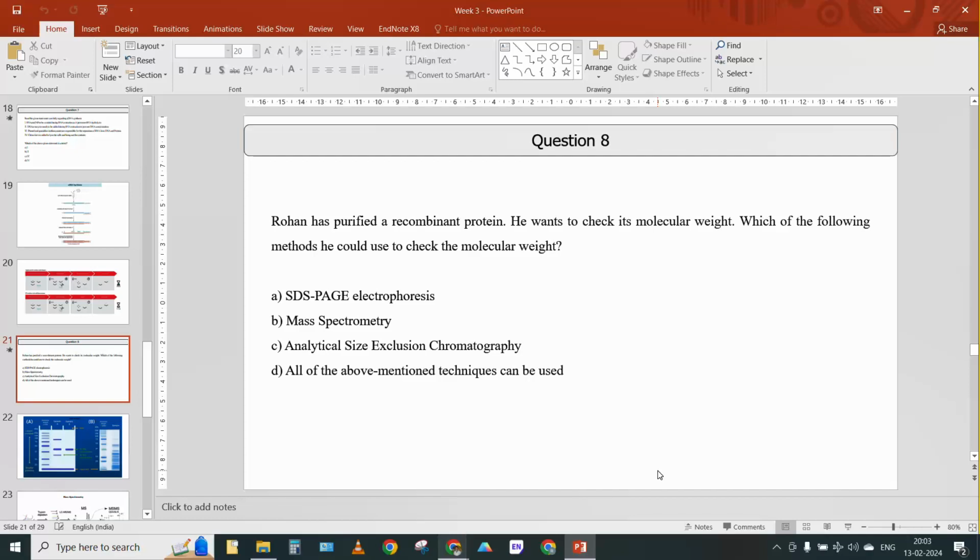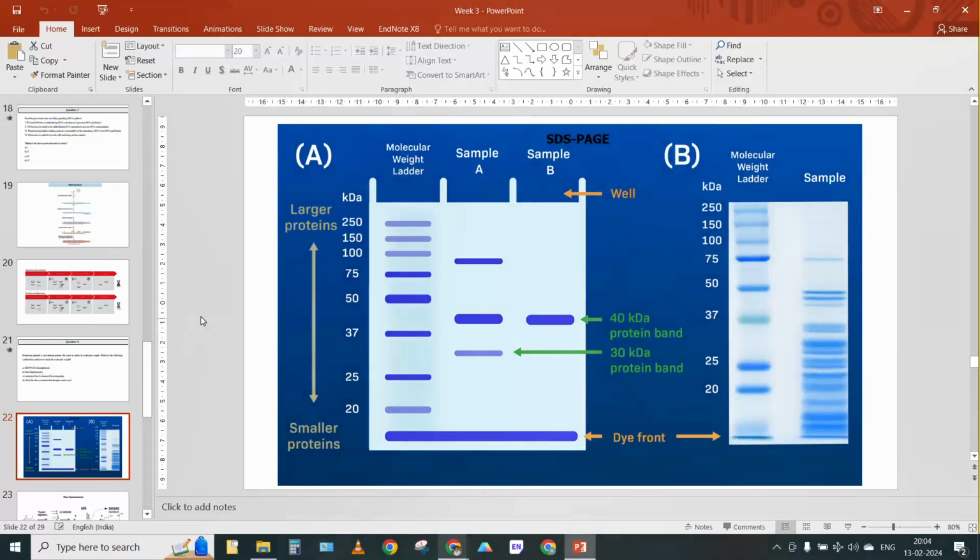So all of the methods could be used to check the molecular weight of the purified recombinant protein. So we'll go one by one: what SDS-PAGE, what mass spectrometry, and what analytical size exclusion chromatography are. We'll start with SDS-PAGE, which stands for sodium dodecyl sulfate polyacrylamide gel electrophoresis.